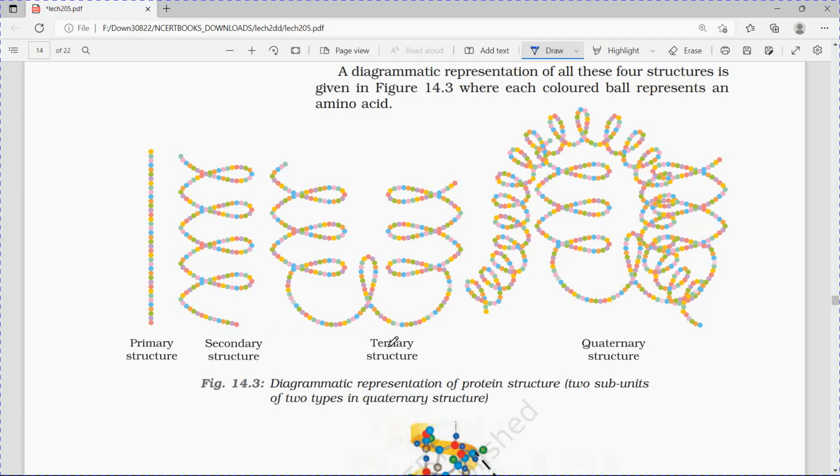And if more secondary structured polypeptide chains are joined together and come to a shape with much more coiling than the secondary, that is called tertiary structure. When these tertiary polypeptide chains are joined together in huge amount, they form a much more complicated structure, called the quaternary structure. So these symbolical representations we can understand easily.